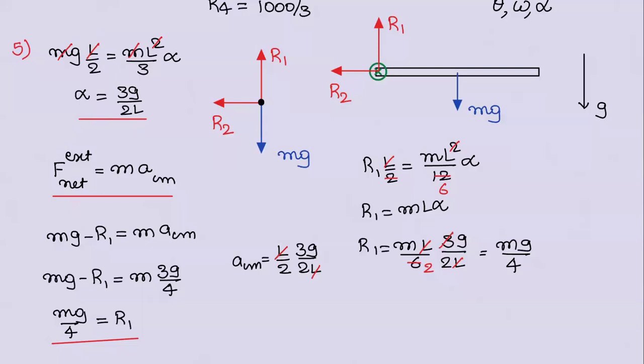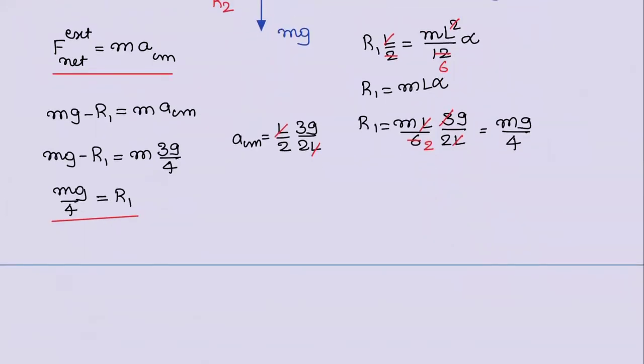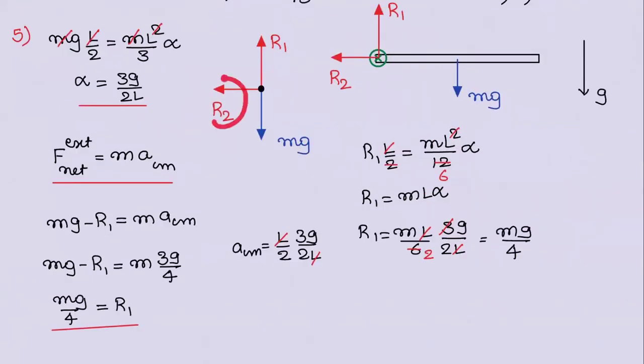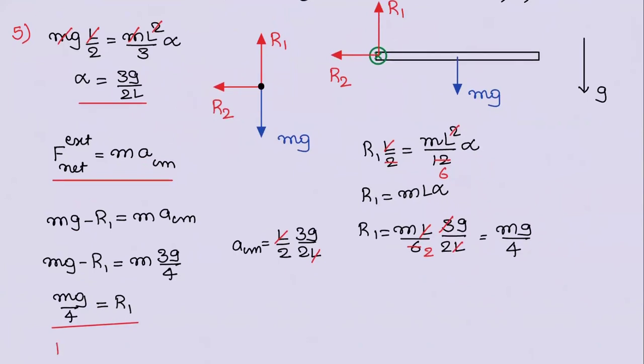Now by using the same thing, I will check the horizontal direction. Observe, F net external is equal to ma. I used this in the vertical direction and got the answer. Now I'm going to use it in the horizontal direction. What is the horizontal direction force? R2. So R2 is equal to m into the acceleration of center of mass along the horizontal direction.